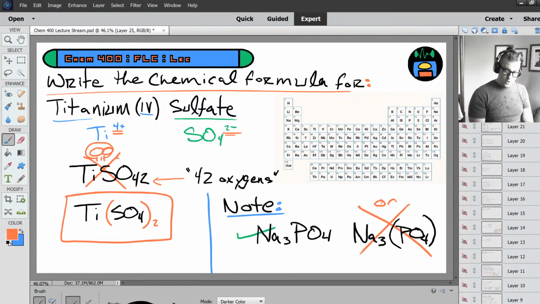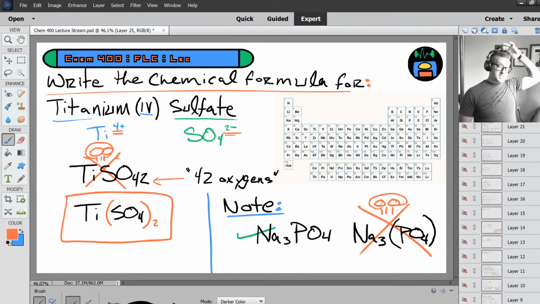All right? You never use parentheses when you only have 1 polyatomic ion. Never. It's wrong. You always use it whenever you have more than 1 polyatomic ion. Okay? So don't just slap one on everything. Only use the parentheses when appropriate. All right?